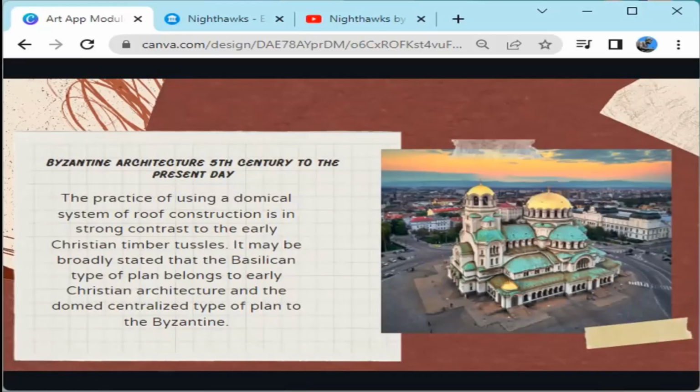It may be broadly stated that the basilican type of plan belongs to the Christian, while the dome centralized plan is from the Byzantine.